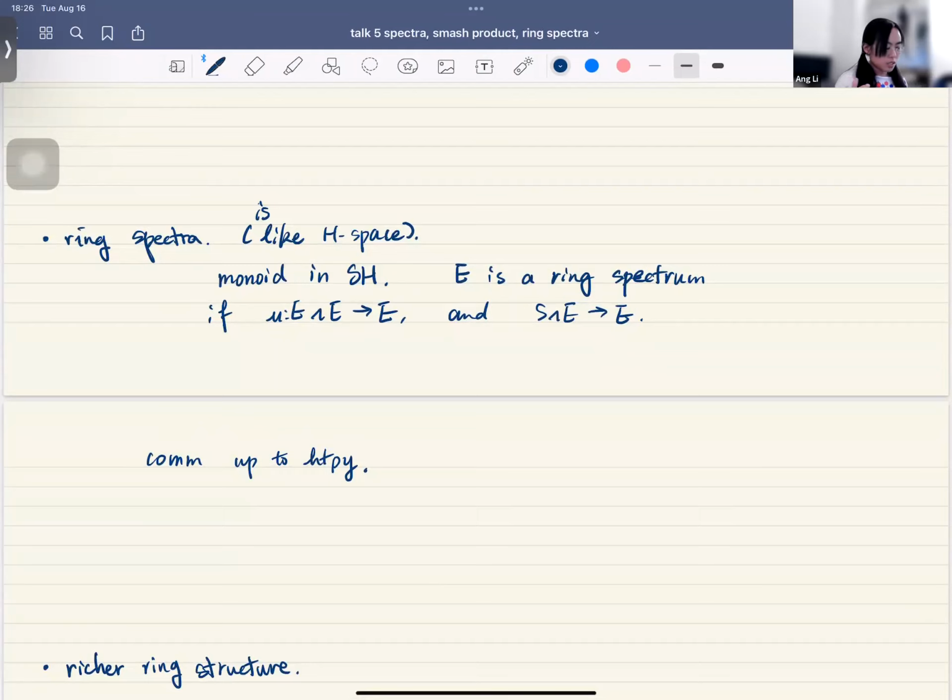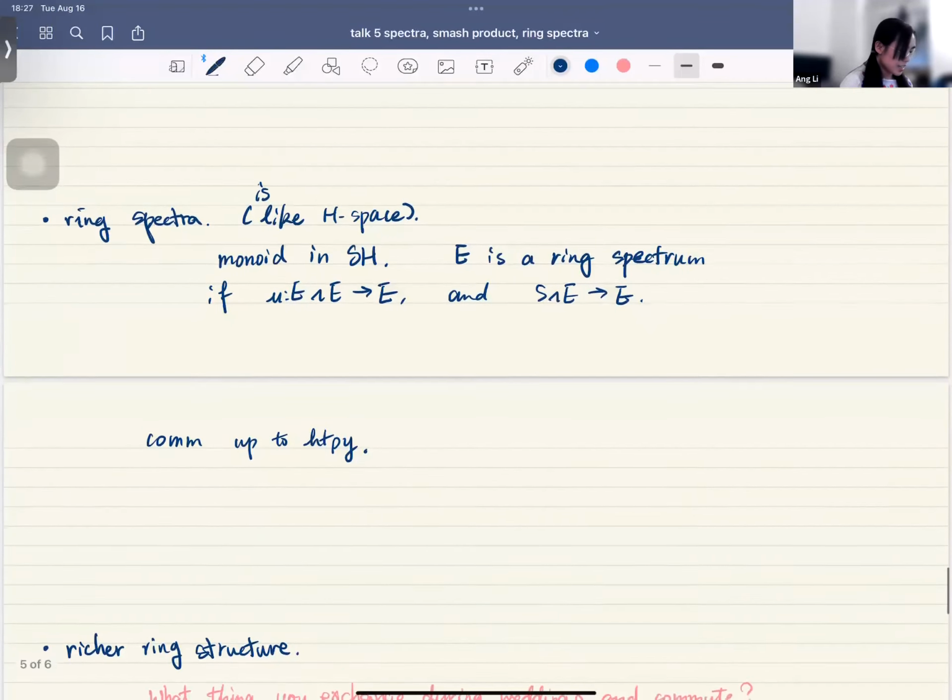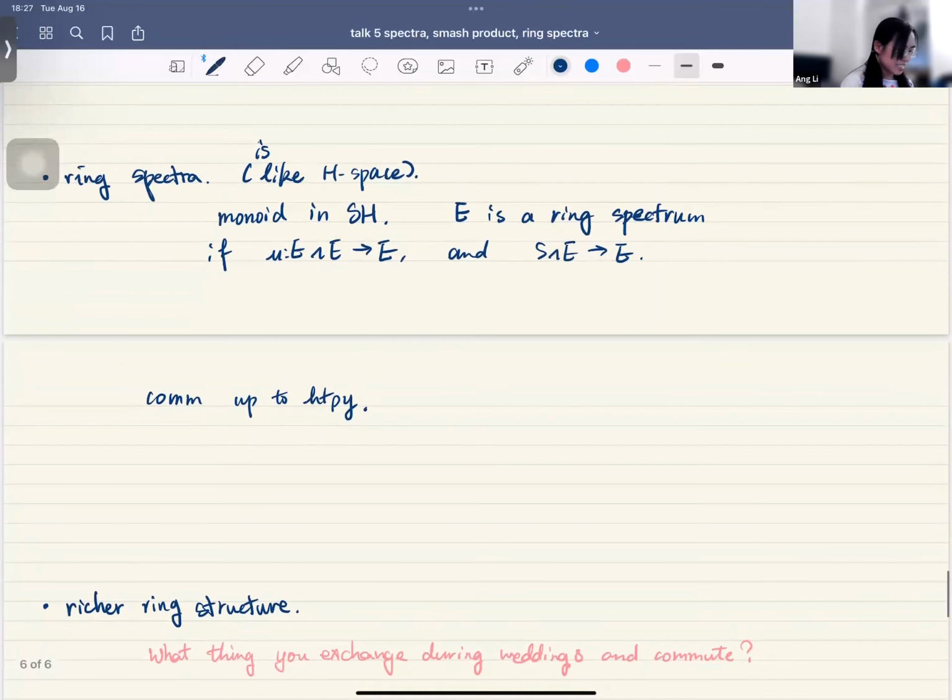And well, we can talk about richer ring structure. That is not enough, and we need to make good use of the operad to encode that. And I have some questions that are fun, and you can put the answers in the chat if you want. So what thing do you exchange during weddings and commute?